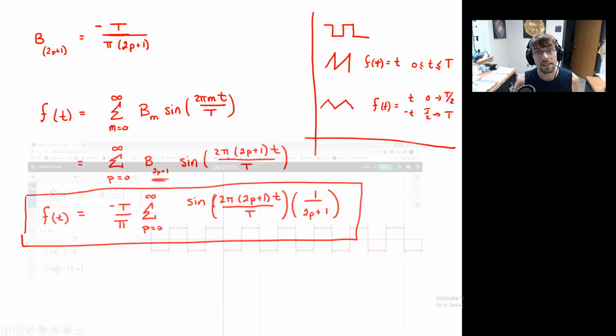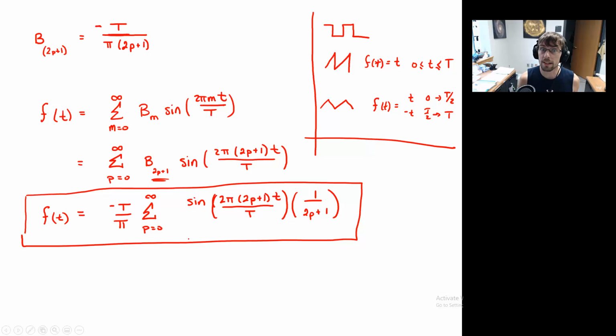A second convenient way to think about this would be in frequency space. In other words, what I will do is plot the amplitude on the vertical axis, and on the horizontal axis, I will plot my angular frequency.